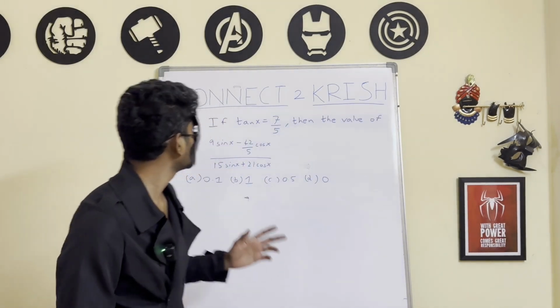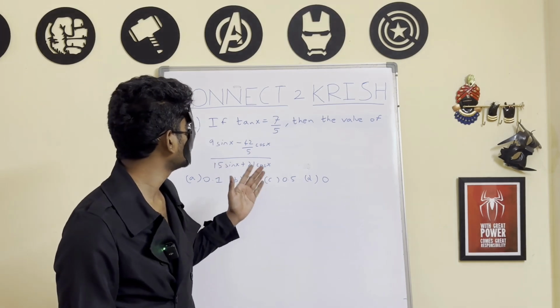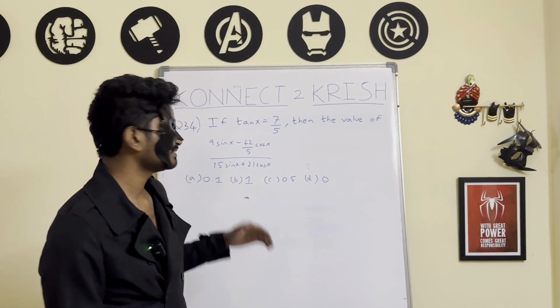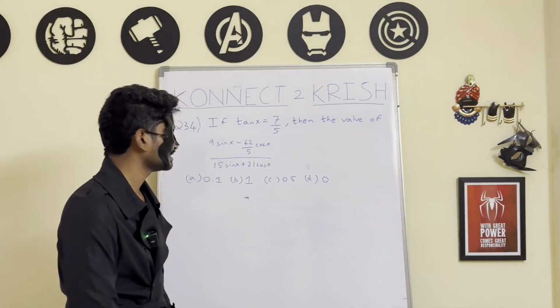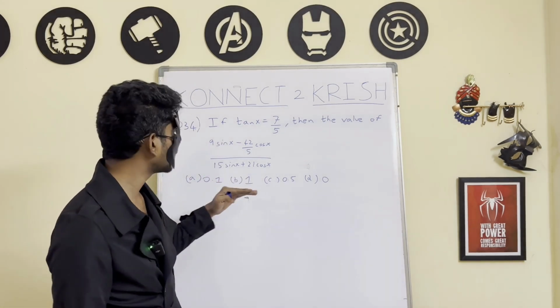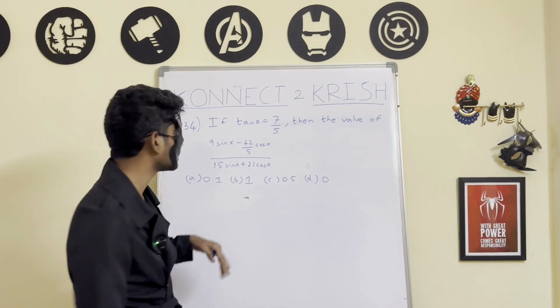So superhumans, next question is, if tan x is equal to 7 by 5, then the value of (9 sin x minus 42 by 5 cos x) by (15 sin x plus 21 cos x) is. So as I already told you, we will try to convert it in the form of tan. So we will divide numerator and denominator by cos x.